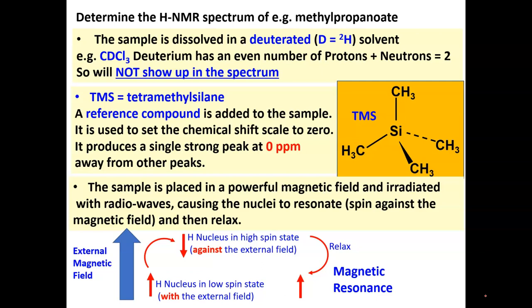As always, we put our sample in a supercooled liquid helium, very powerful magnet, and expose it to radio wave signals. This is sufficient to cause the nucleus, in this case the proton nucleus, to spin against the external magnetic field, and then it relaxes, returning back to its original position with the magnetic field. This is called magnetic resonance. Don't worry too much about that. It's the results of the actual experiment that we always have to deal with.